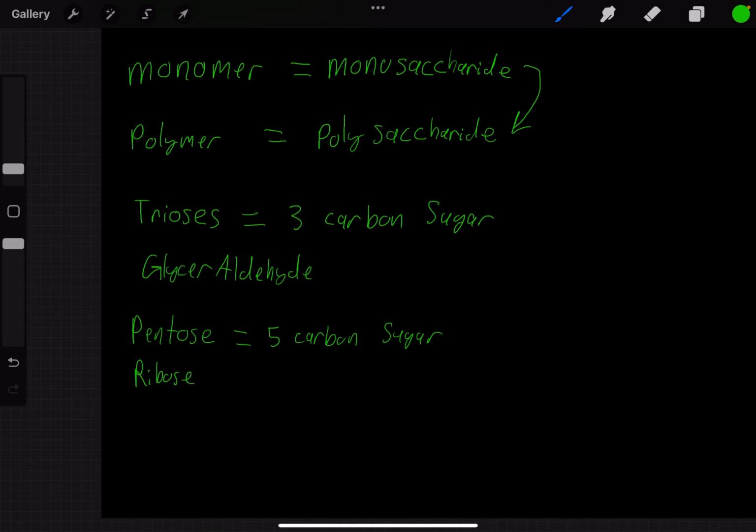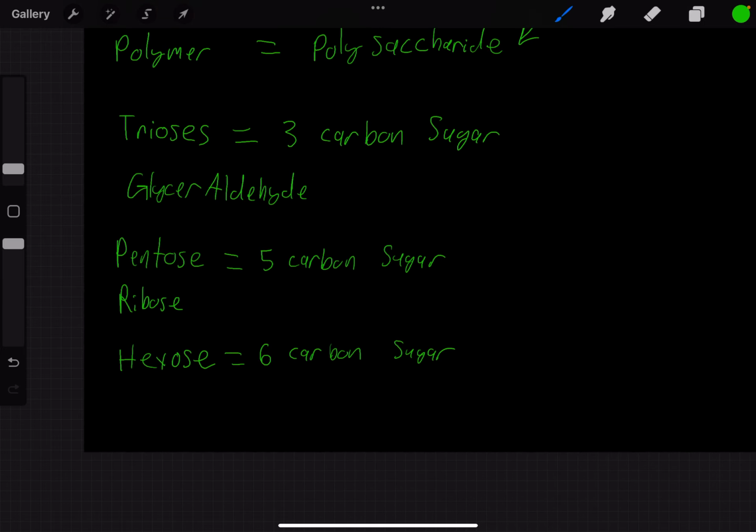And you'll have a 6 carbon sugar, which is also called hexose, and an example would be glucose. So those are different types. You could have 3 carbon, 5 carbon, or 6 carbon, or triose, pentose, or hexose.